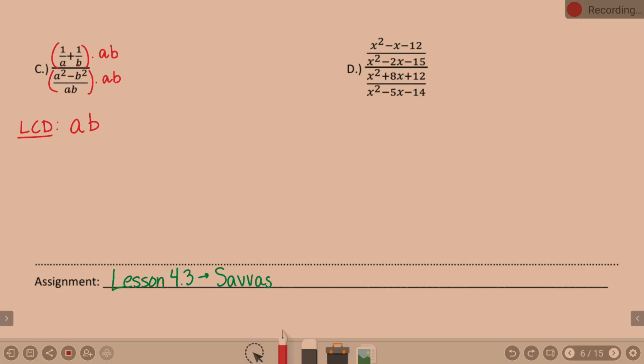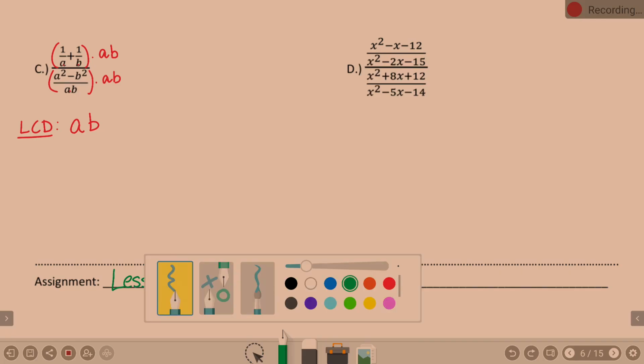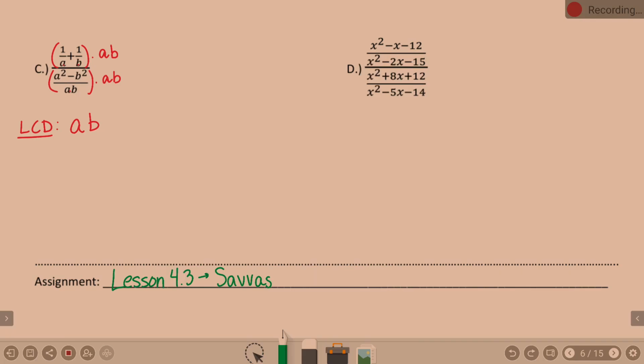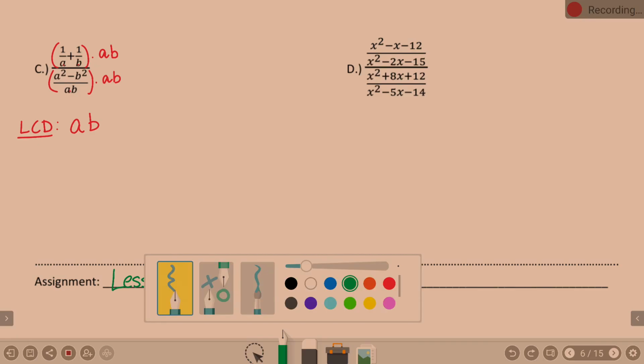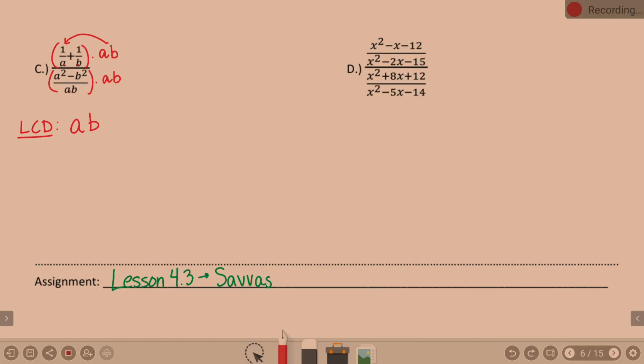Now, there's a slight difference on this setup, isn't there? Okay? On top, what are we still going to have to do? There's 2 fractions, so that AB is going to have to distribute. On bottom, how many fractions are there on bottom? There's just one big fraction here. So it's not going to be a distribute.